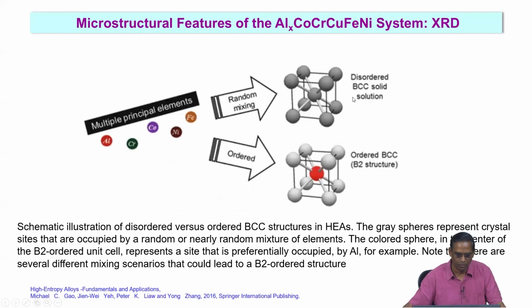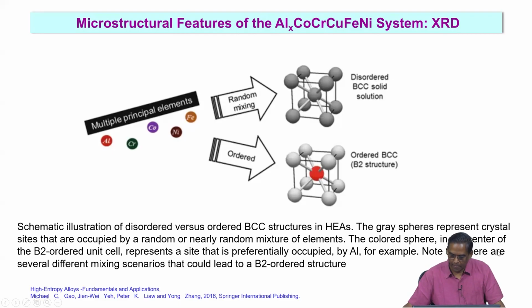Suppose you look at the crystal system, how these multiple principal elements form a disordered BCC solid solution. If it is a random mixing, then it forms a disordered BCC solid solution. If it forms an ordered BCC like a B2 structure, then the crystal structure is like this.